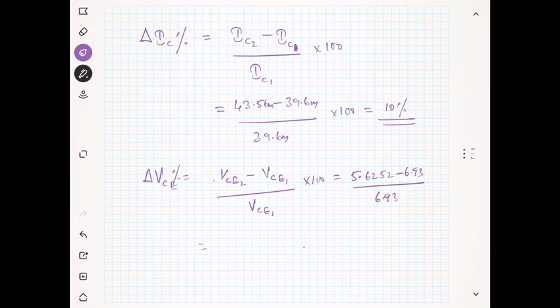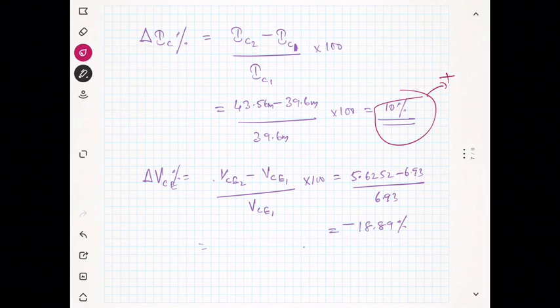This is equal to minus 18.89%. So you can see that the change in IC is positive, but the change in VCE is negative.